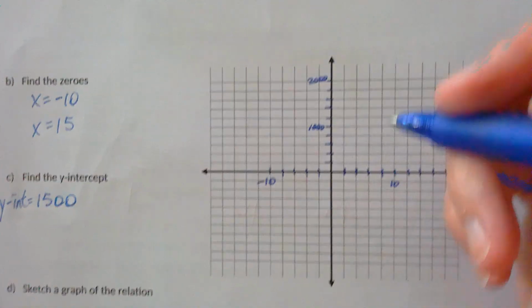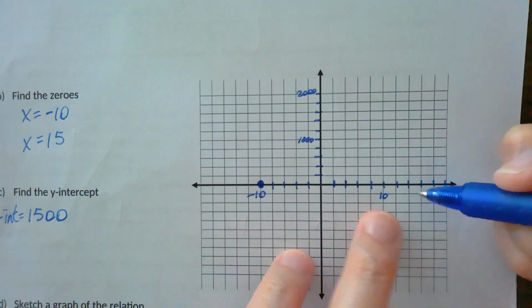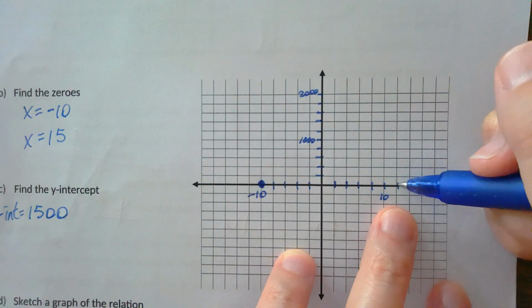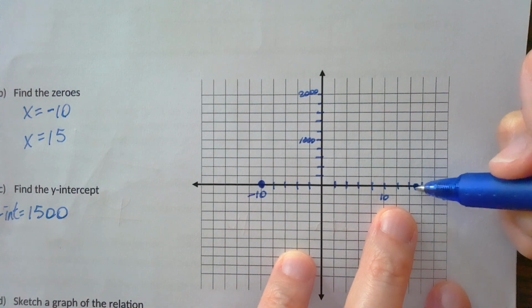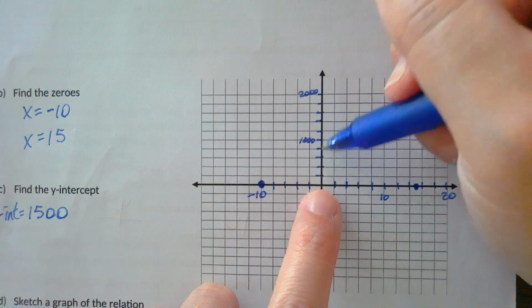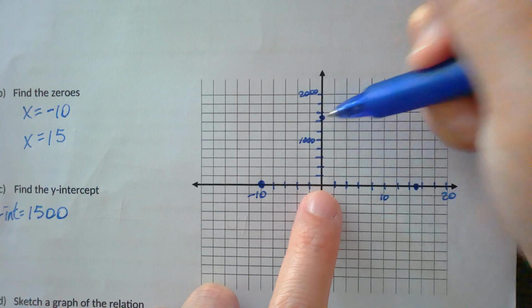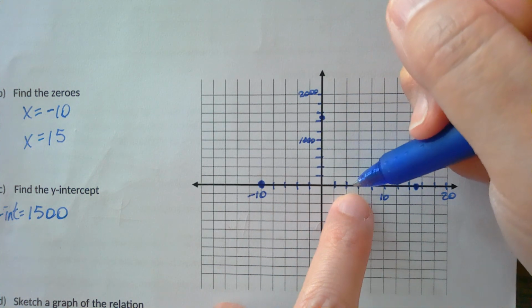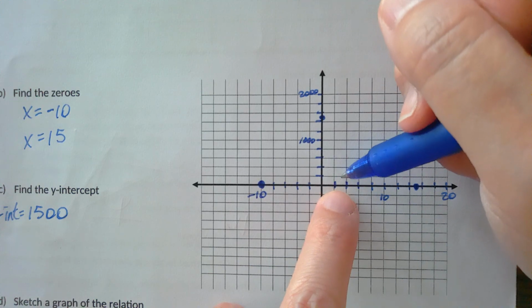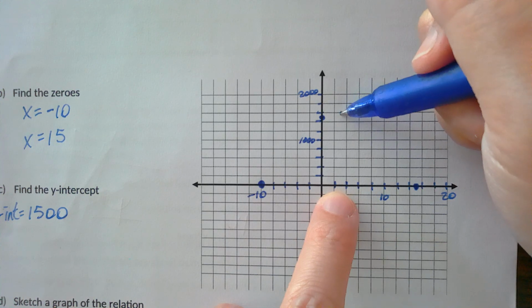So to sketch it, I have my negative 10, I have the 15, 2.5, and then the y-intercept at 1500. And then the maximum is at 2.5 and 1562 something, about right here.